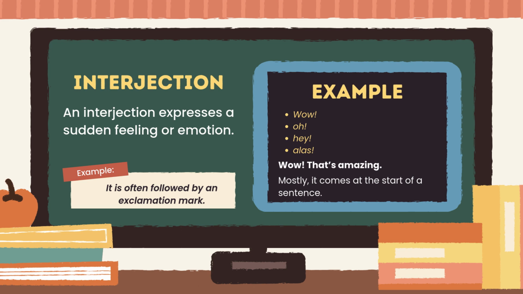Mostly it comes at the start of a sentence. Like in this sentence, wow, that's amazing. Here, wow with an exclamation mark is an interjection. It's expressing my emotion that I liked it. It is often followed by an exclamation mark, as I told.